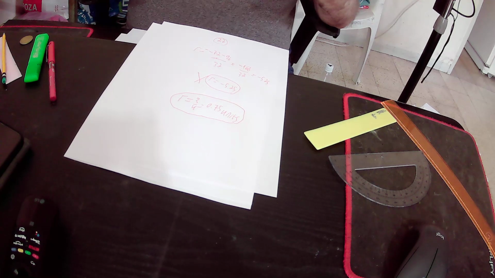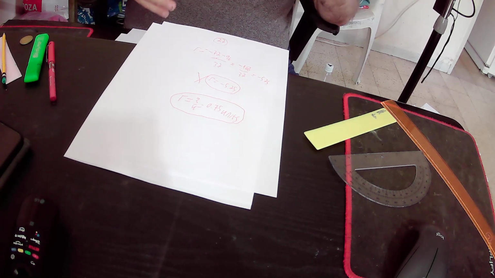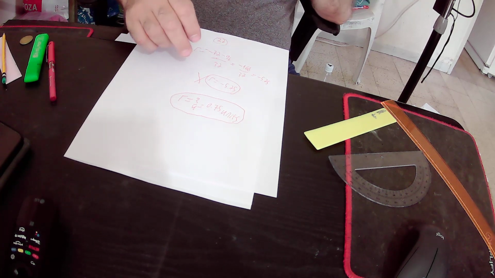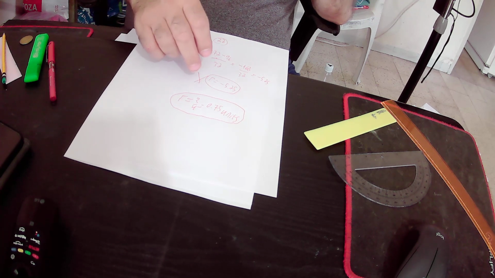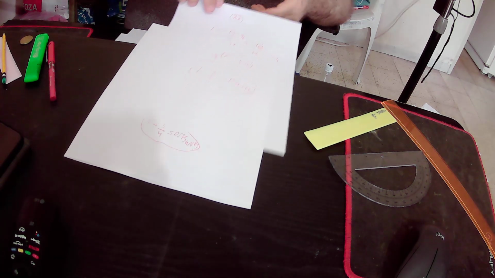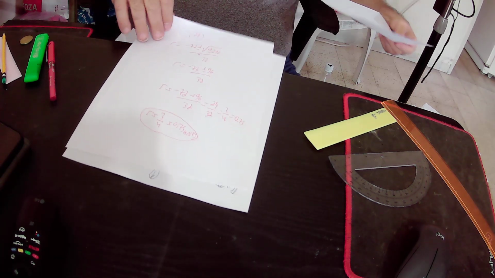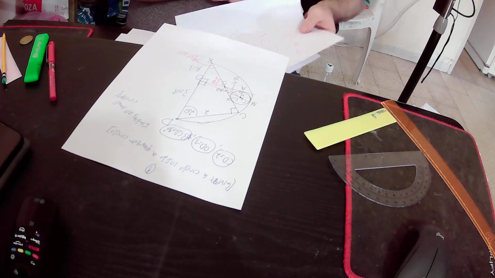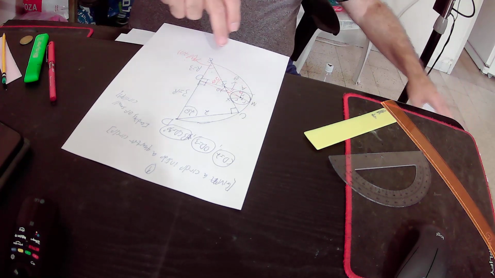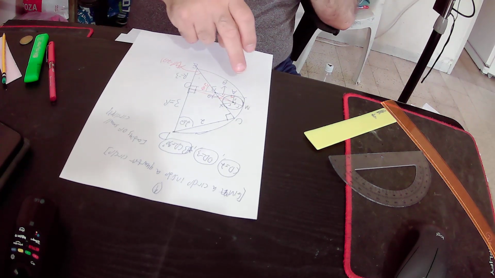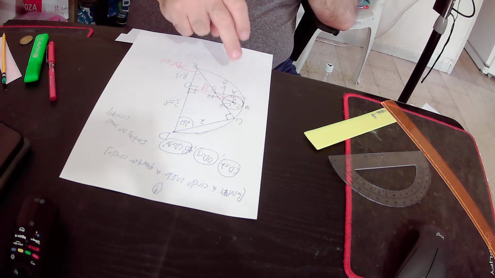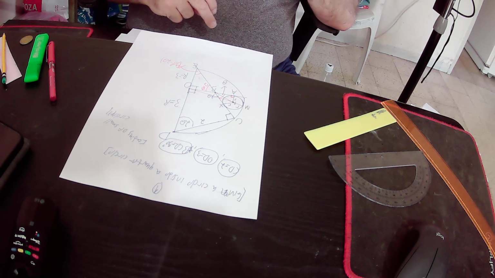So this negative solution is impossible, it is not correct. So we are only left with the solution that the radius of the small circle equals 0.75 units or 3 over 4 units. Okay, thank you very much.